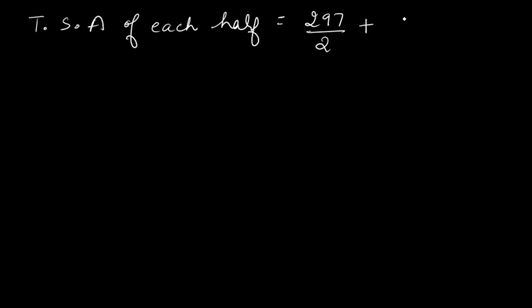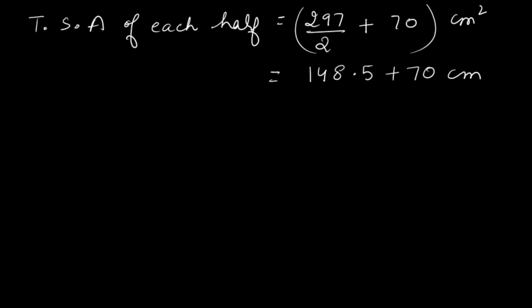So total surface area of each half, or you can say both the halves, is equal to 297 divided by 2 plus 70 centimeter square. So 297, if you are dividing by 2, what you will get? 148.5 plus 70 centimeter square.